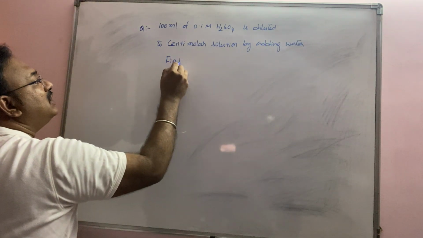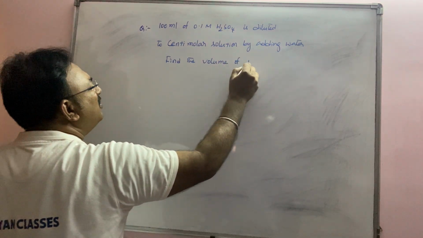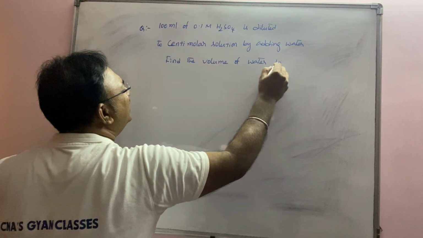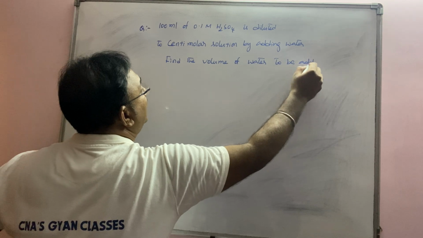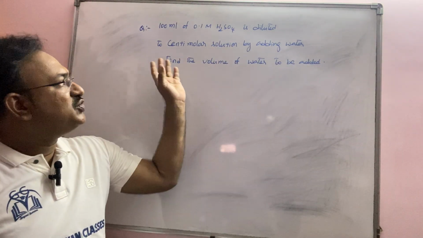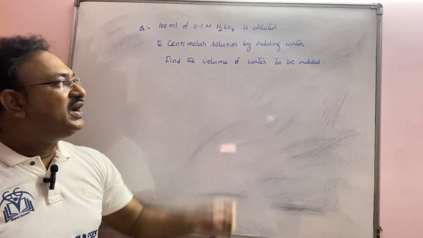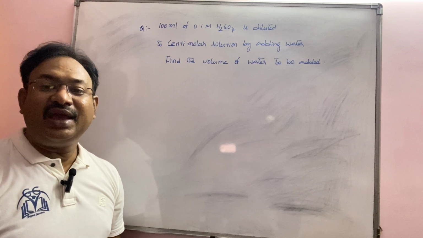Find the volume of water to be added. 100 ml 0.1 molar H2SO4 is diluted to centimolar solution. Find the volume of water to be added.